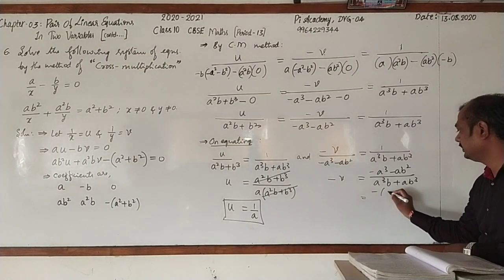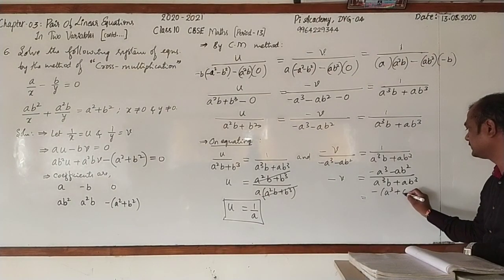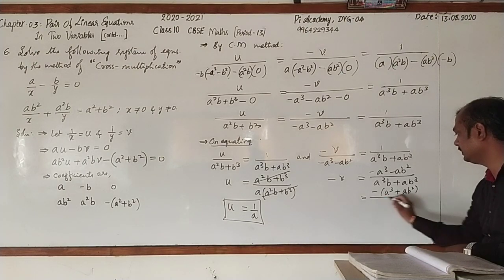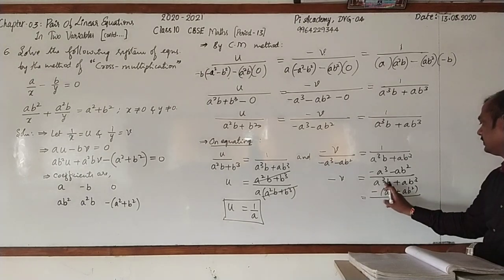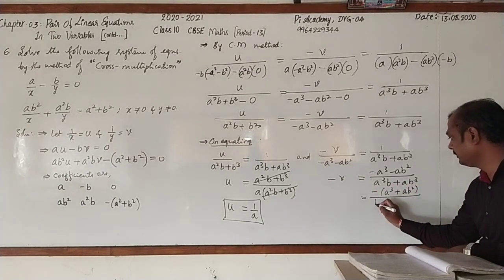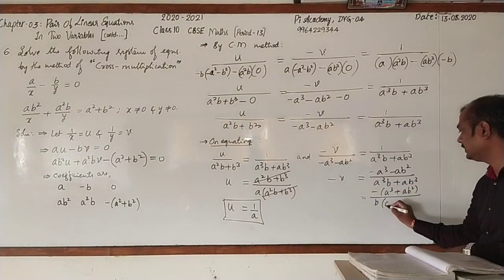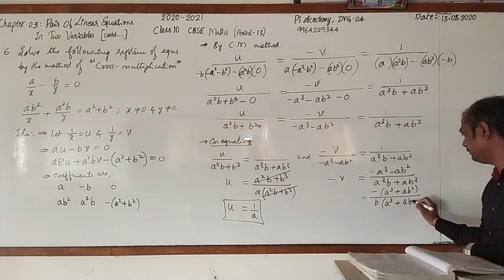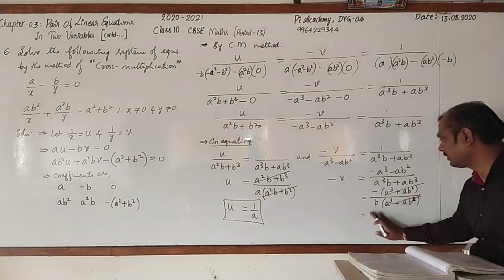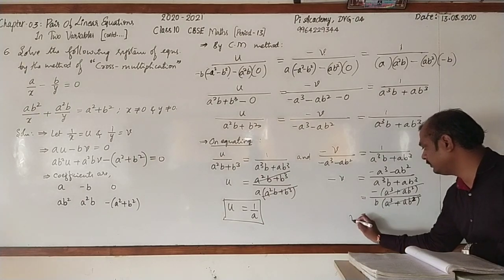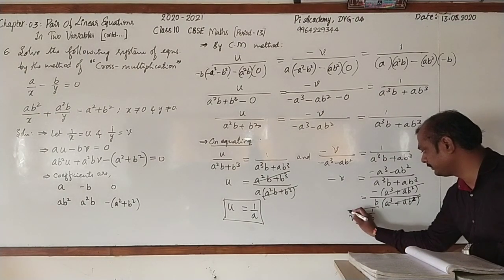It is a cube plus ab square divided by, here I will take b as common factor. b into, it is a cube plus ab square. These two get cancelled, and minus minus get cancelled, v is equal to 1 by b.